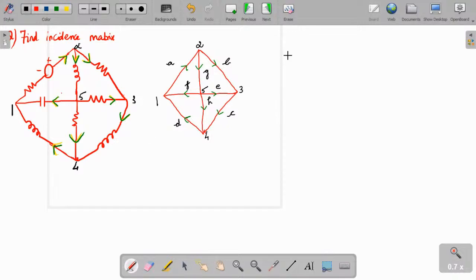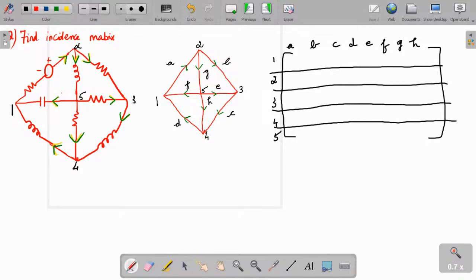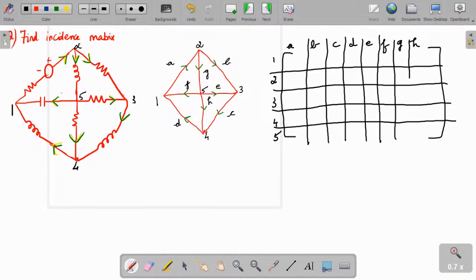Okay, so what about the matrix? So I have 5 nodes, 1, 2, 3, 4 and 5, and branches from A to H. Okay, so now consider node 1.